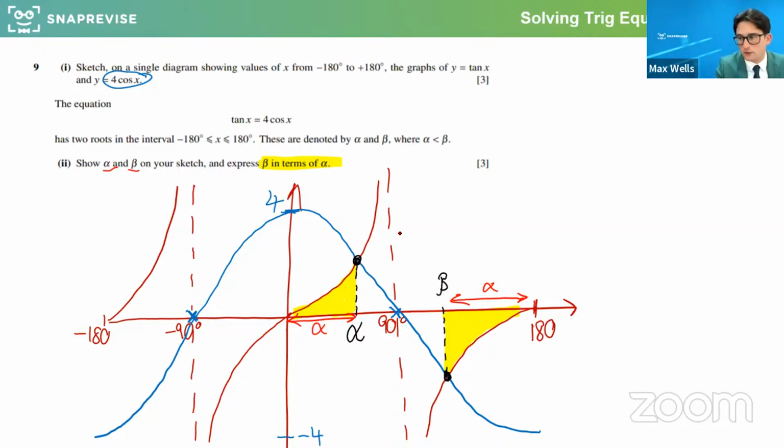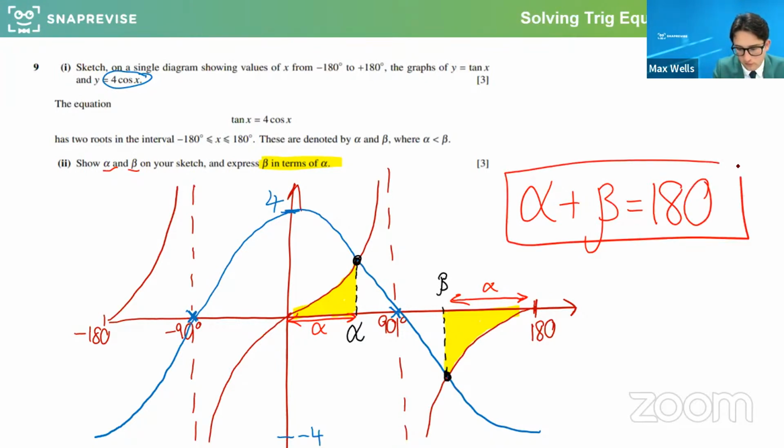So what I would do, and any equivalent of this would be fine, is that I know that alpha plus beta needs to equal 180. An equivalent of that sort of thing would do the trick for this, because that's beta forward and beta plus alpha must equal 180. Okay.